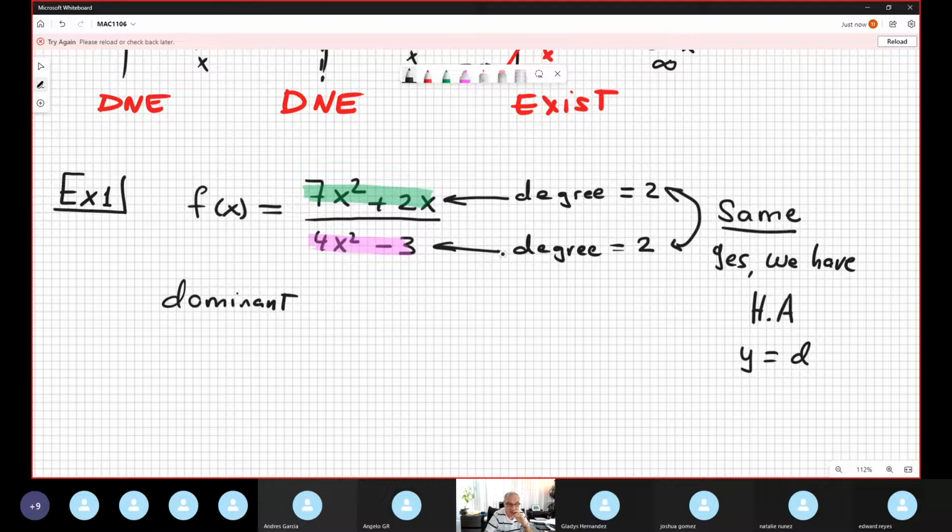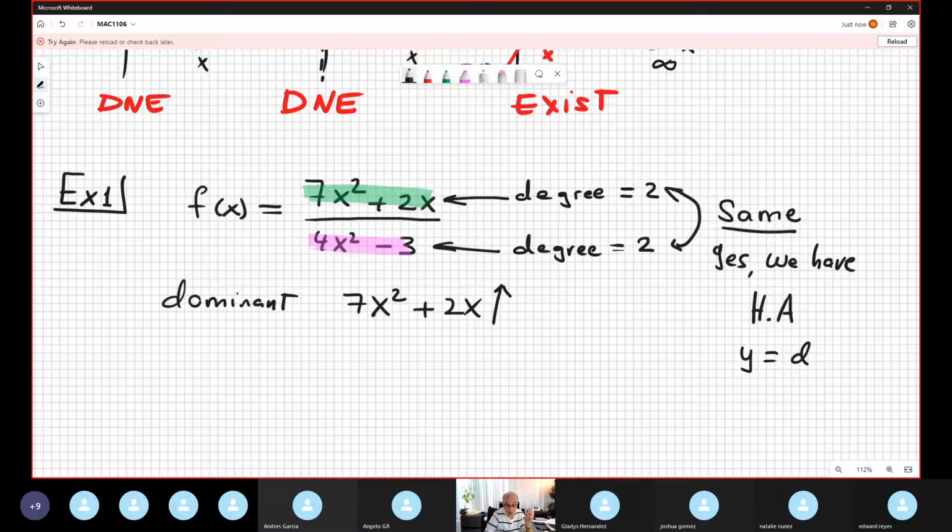So basically, you need to understand that the 7x squared plus 2x increases when x approaches infinity. To model approaching infinity, you plug in, for example, x equal 1 million, 2 million, 1 billion, 3 billion.